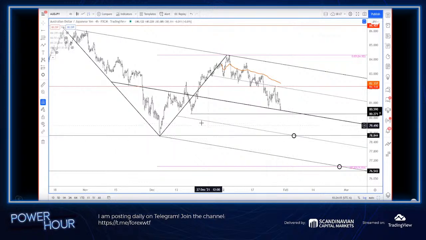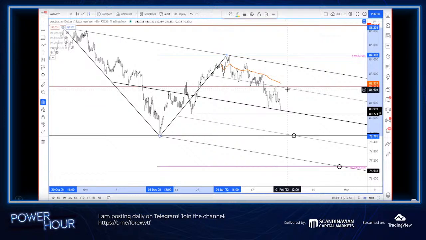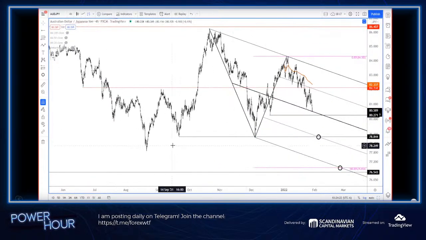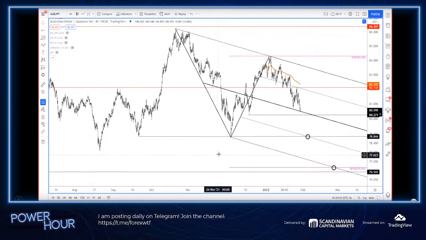Your natural level to look at is the 75 line, the level that is symmetrical or equidistant from here to here to here. That happens to line up with former lows. If I were writing a textbook about channel trading and median line trading, I couldn't draw it any better.